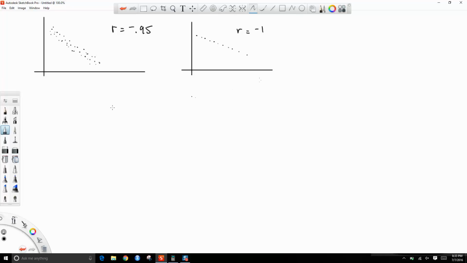Again, there is a formula for R, but we will not learn it. R is almost always calculated using a computer.